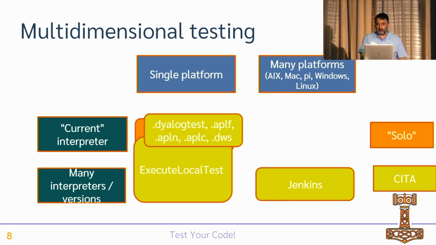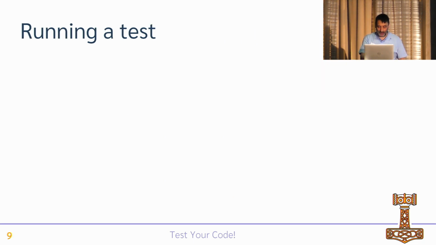And this is achieved using a tool called Jenkins. Does that sound familiar to any one of you? Yeah, okay. And Jenkins calls through a sequence of scripts the execute local test function, which in turn executes the test. Now, I would have loved to show this live, but I can't because it takes too long.